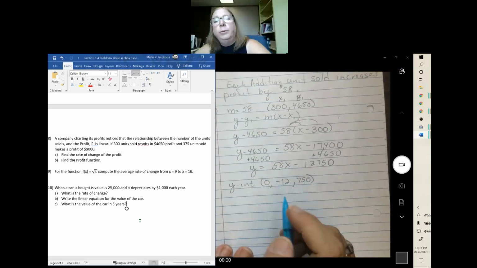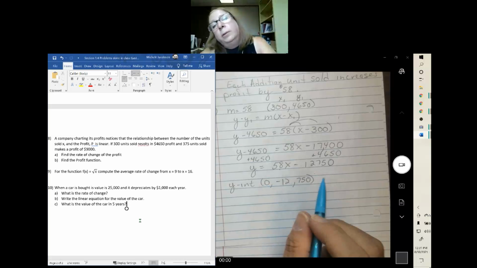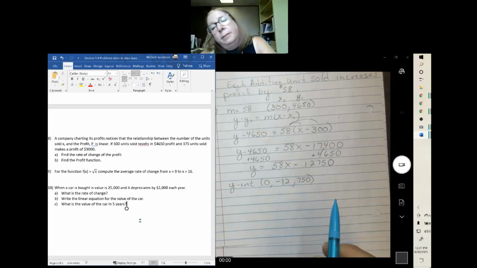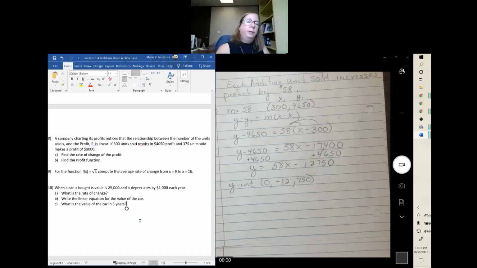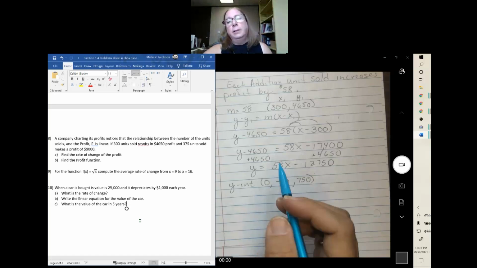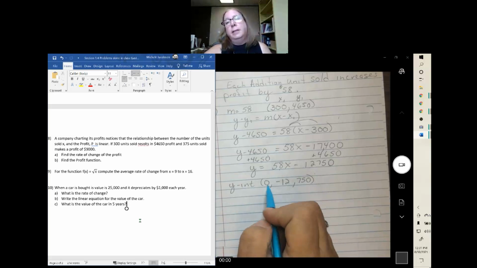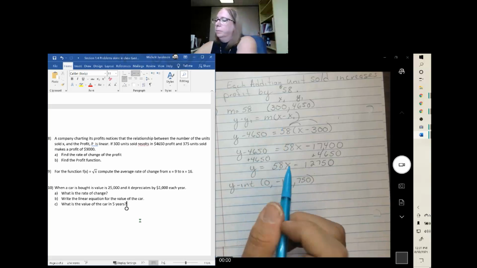What this is saying is if no units are sold, you're in the hole $12,750, or you owe $12,750. So it's telling you when x is 0. In that case, that's our units sold.